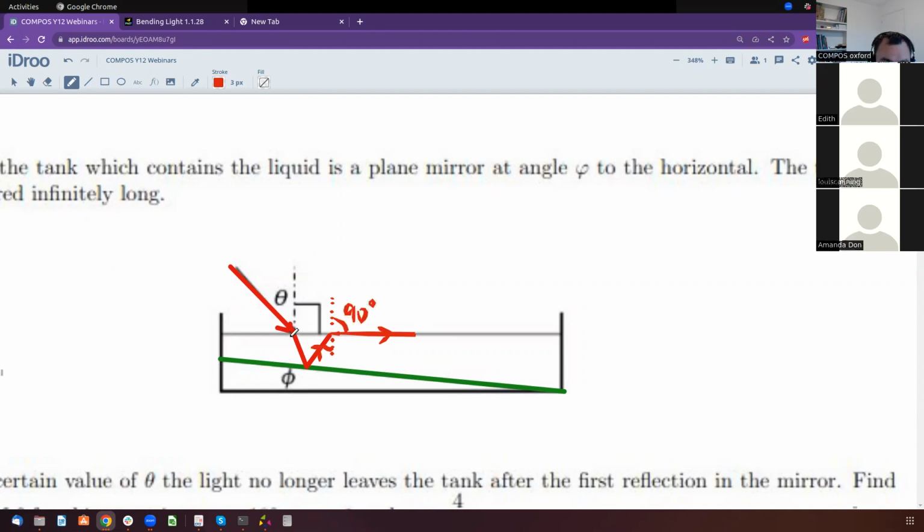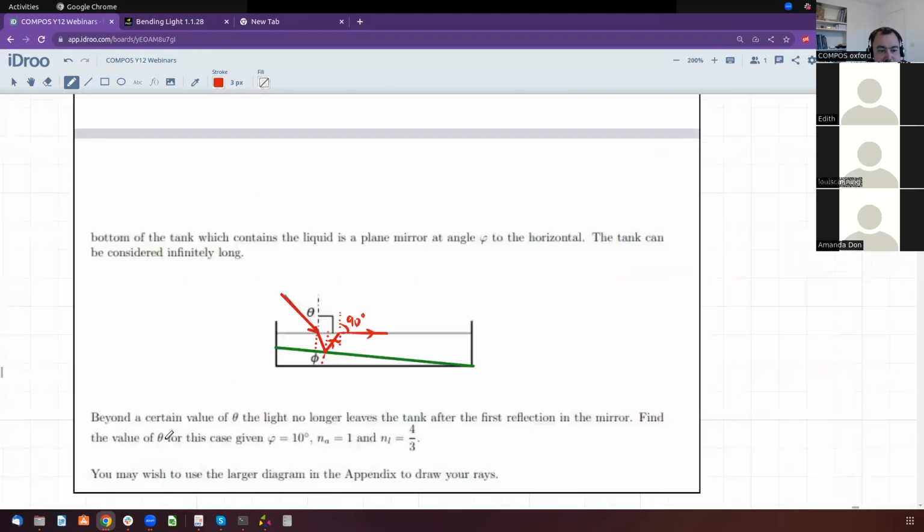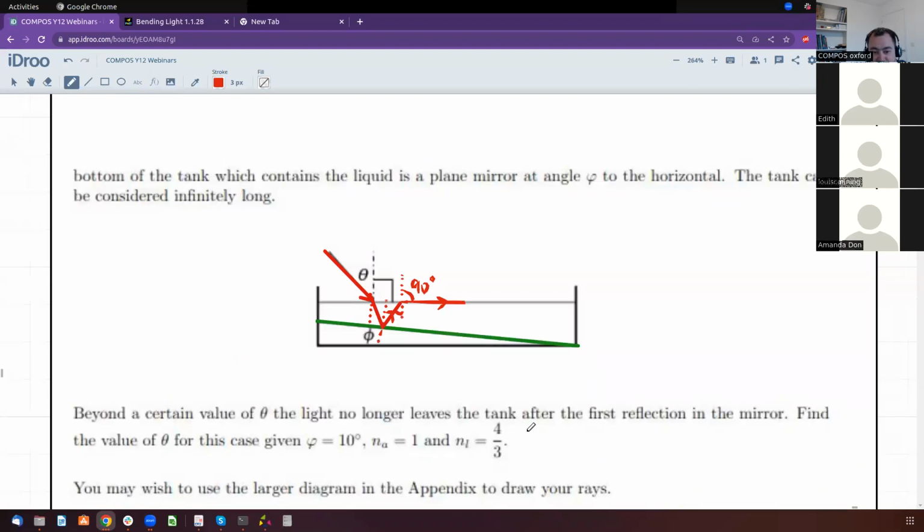So you need to find theta, and here you just apply the laws that you know. This is more like a question on geometry. Beyond a certain value of theta, the light no longer leaves the tank after the first reflection off the mirror.